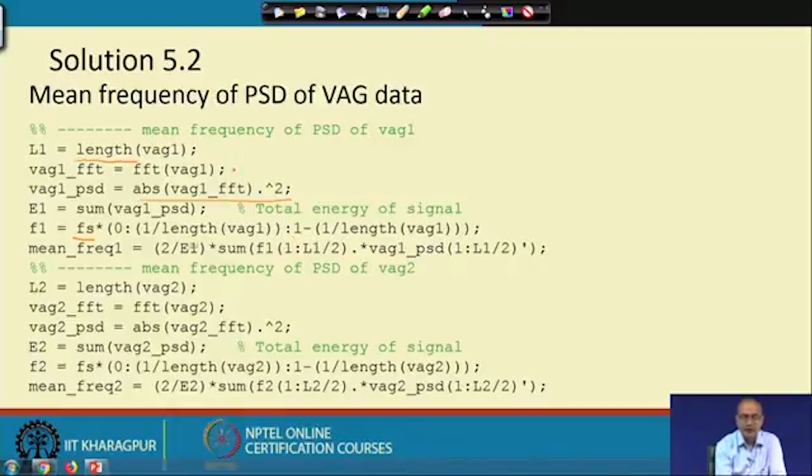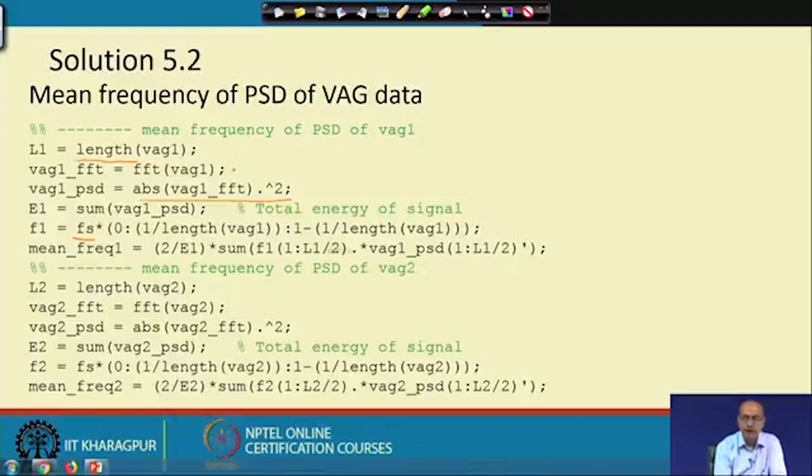So, 1 minus 1 by that count, it will give us the same number of samples, that frequency axis. Okay. We are going in an increment of 1 by the length. So, here this is the full length of the frequency axis, and we are taking the sum for half of it.